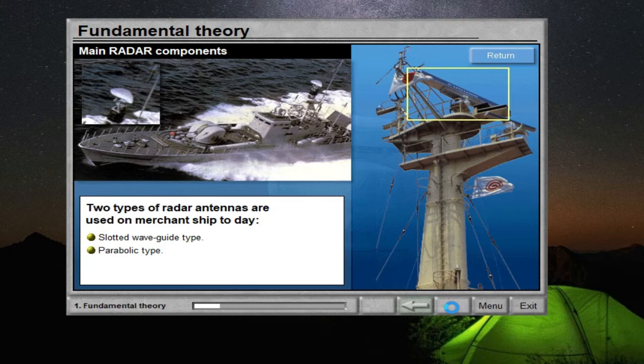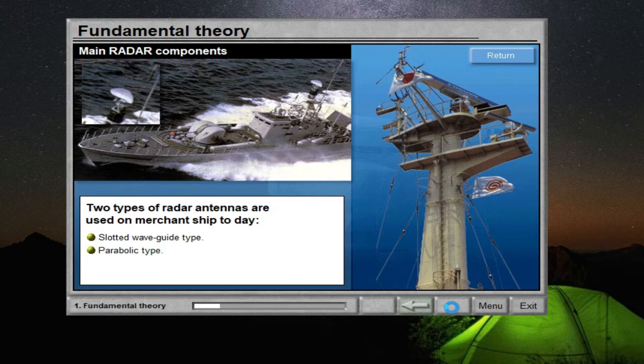Here we can mention the following. Because of the small front area of the slotted waveguide antenna, steady rotation can be maintained in strong winds with a relatively small antenna motor. The weight of the slotted waveguide antenna is much less than that of the parabolic type antenna, causing less wear and tear on the antenna gear.